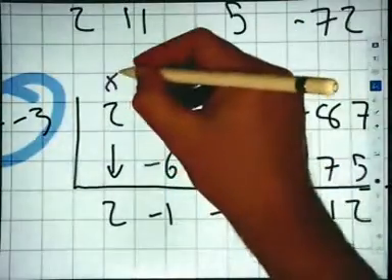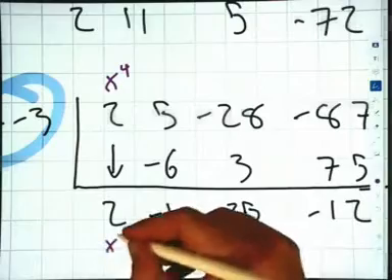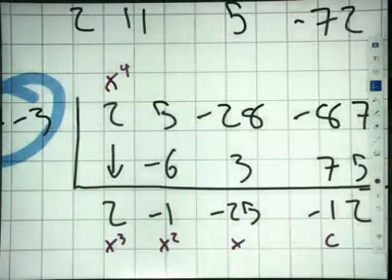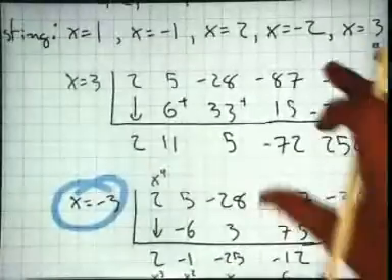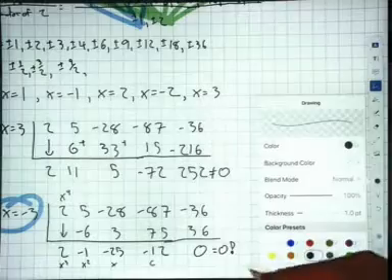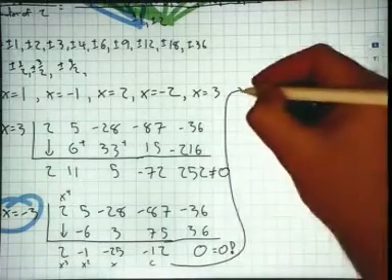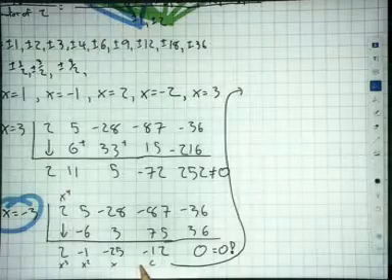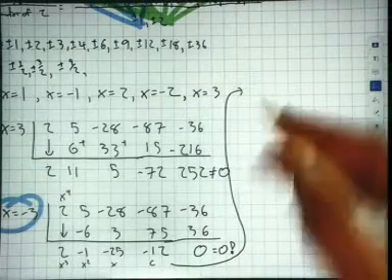Now, just as a quick reminder, since this was x to the 4th, this is x to the 3rd, x squared, x, then our constant. What we're going to do is continue with the synthetic division, but we're going to use these coefficients because it will be less work.